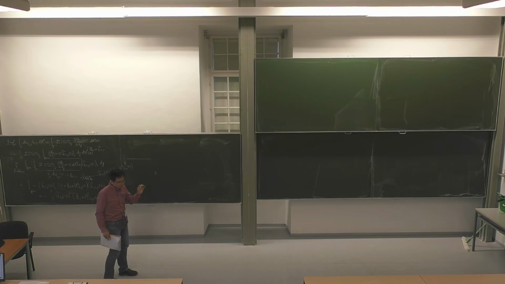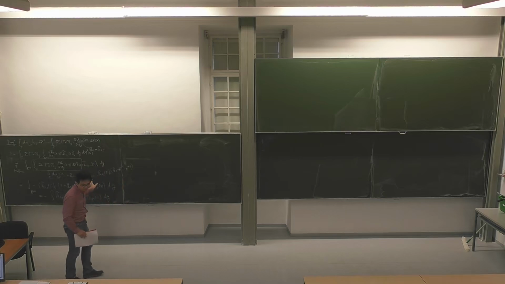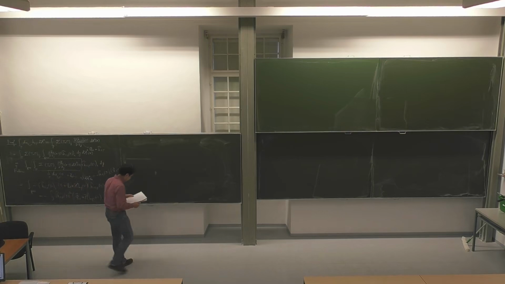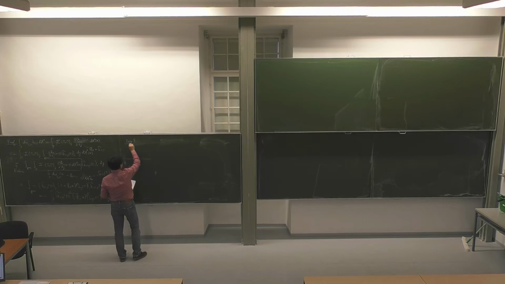You need to know a more localized version of this, and the next one is precisely that. So this is proposition 9. A more precise statement you can look at in my paper.